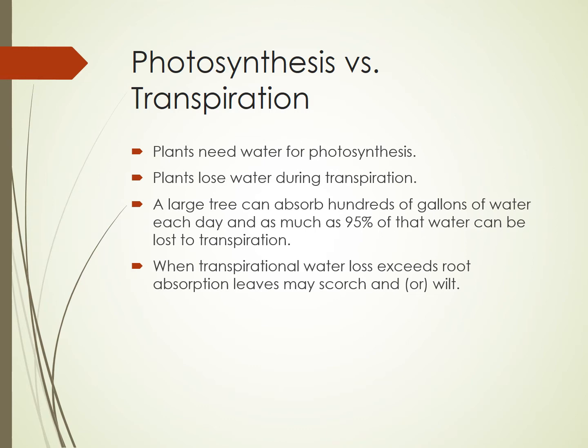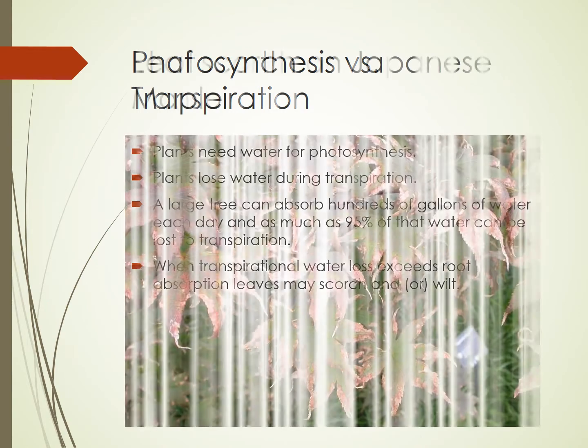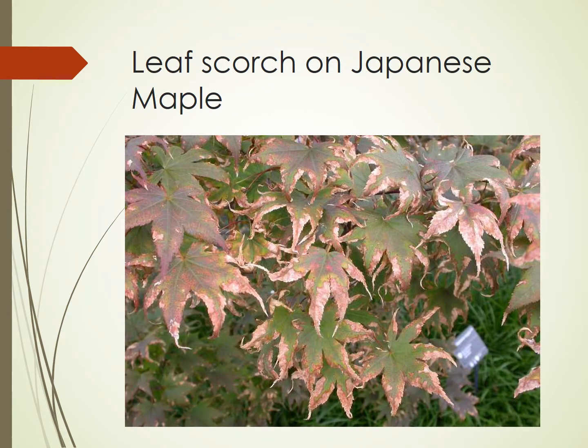When transpirational water loss exceeds root absorption, the leaves may scorch and or wilt. This is Japanese maple, and if you look at the margins of the leaves, you can see that they're downturned, they're kind of a brown color.